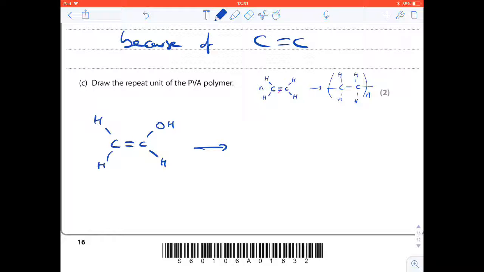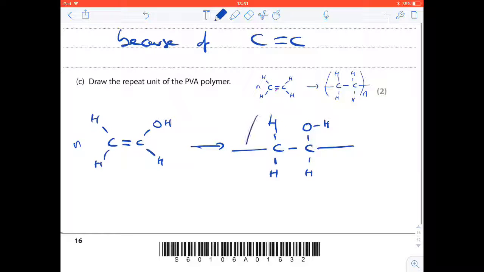Then just following the same pattern, you end up with the OH sticking off one of the carbons. The other 3 spaces on the carbons are filled with hydrogens, and then you've got your bond sticking out each end. If you had n of those, you'd end up with a big long chain with n of those.